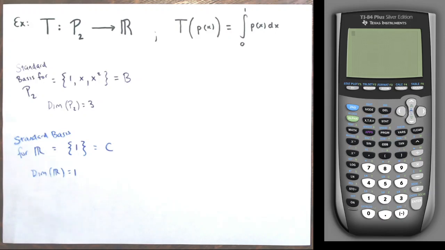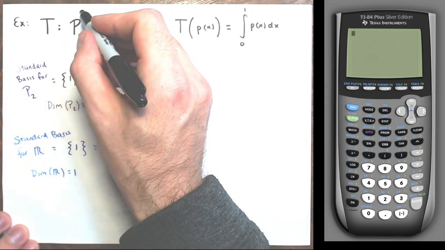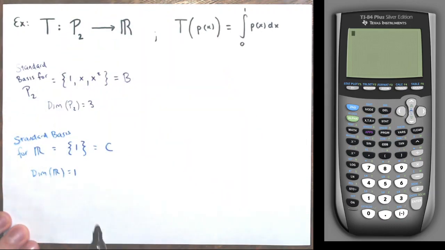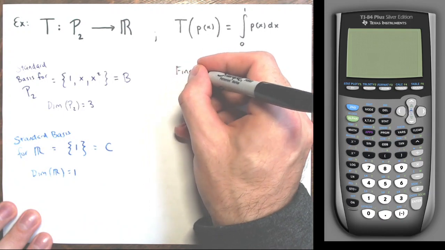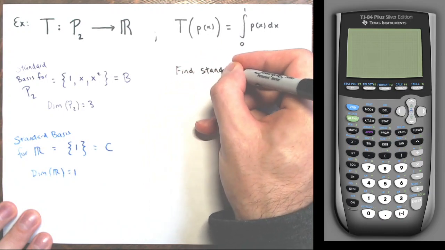So now I'm going to go about finding that standard matrix. Now, remember, this is dimension 3 here, this is dimension 1, so the standard matrix is going to be a 1 by 3 matrix. You'll see. All right, so let's find that standard matrix.